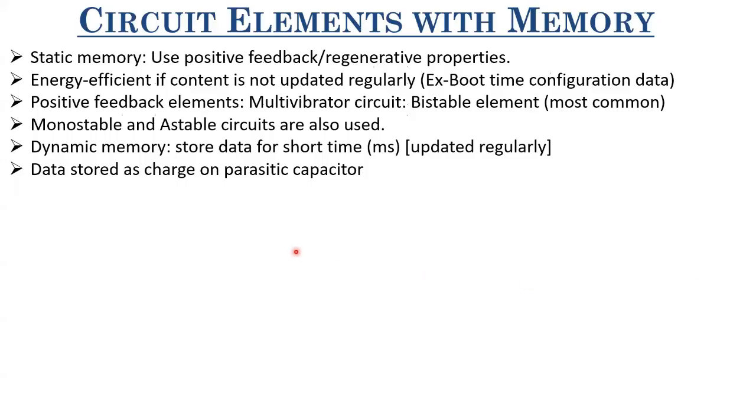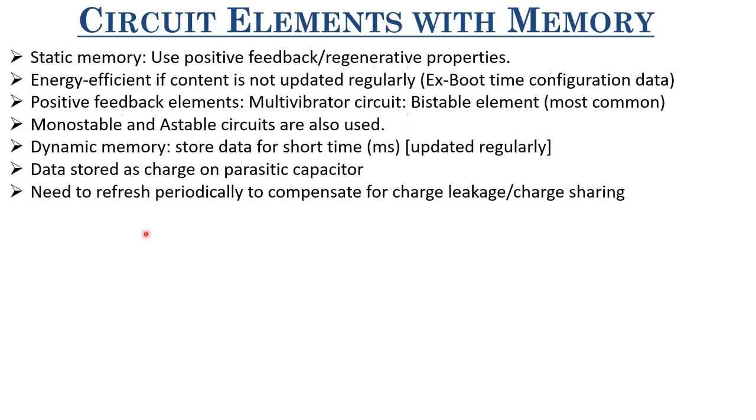Since the data is stored as charge on that high impedance node or internal capacitor, when you have these problems of charge leakage and charge sharing, then in order to read the correct data and maintain the state of the data, you have to refresh it periodically. Why? Because you need to retain the data in its correct form, so you have to periodically refresh it to compensate for the charge leakage and charge sharing problem, right?